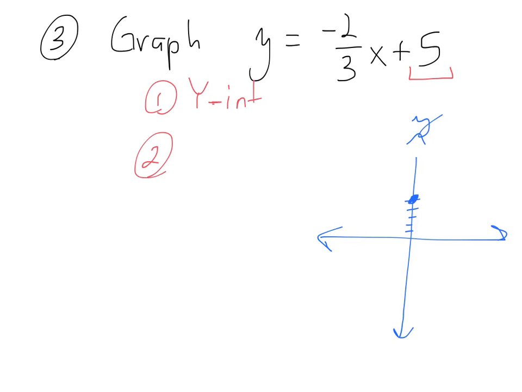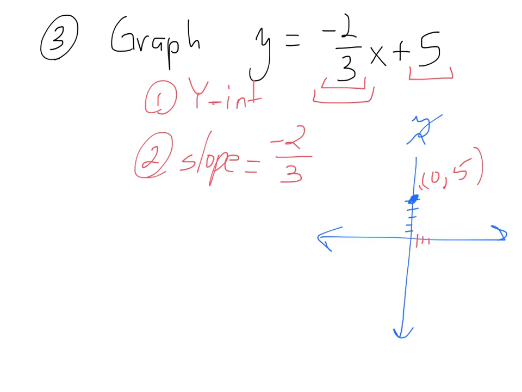Step 2, identify your slope. Your slope is your rise over run. That's this guy, negative 2 over 3. So my rise is negative 2. My run is positive 3. From the blue point, 0, 5, I will go down 2 units and right 3. 1, 2, 1, 2, 3.